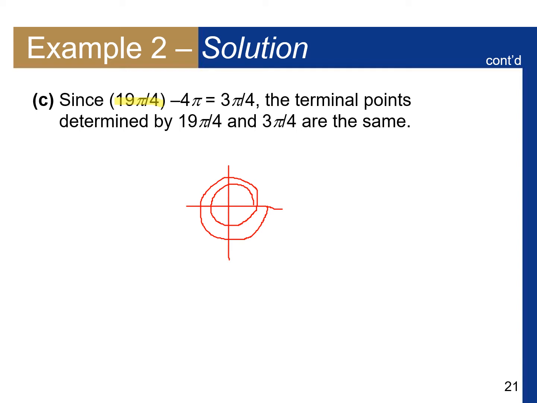Then I subtract another 2 pi, and I have 3 pi over 4 left. So if I start back from the beginning and go 3 pi over 4 more, I'm in the second quadrant, where my x value is negative and my y value is positive.